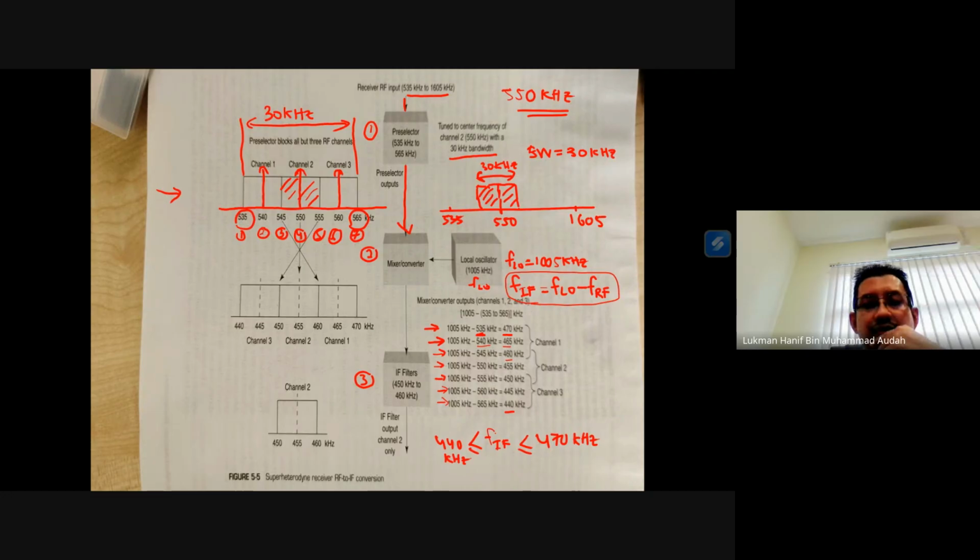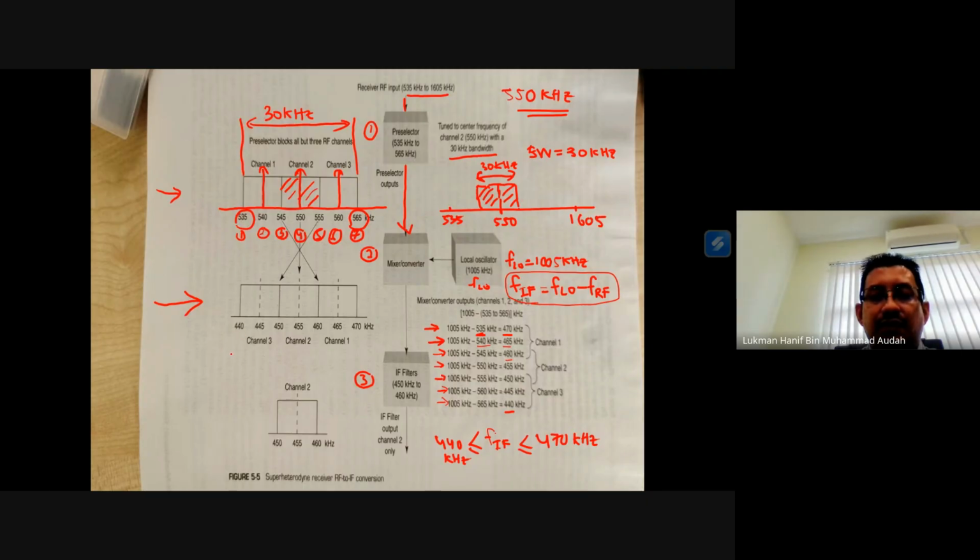Okay, so this frequency is shown in the frequency spectrum over here. So when we subtract the input radio frequency from the local oscillator, this is what happens in the frequency spectrum.